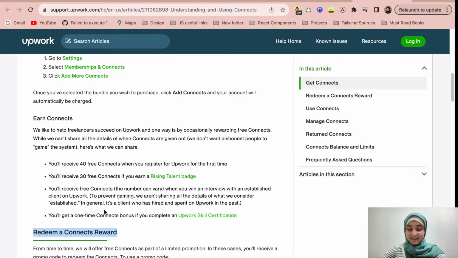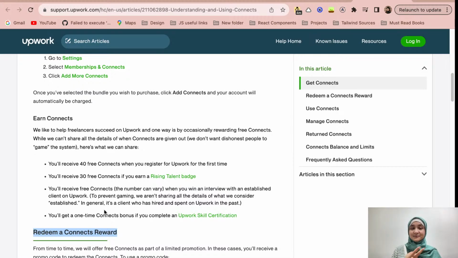One more thing: before, when you submitted a proposal to a job posting and you were interviewed, you would get 10 connects for any job interview. But nowadays there were some scams related to that. People were applying to jobs they did not want to work on, but only wanted to get 10 connects.